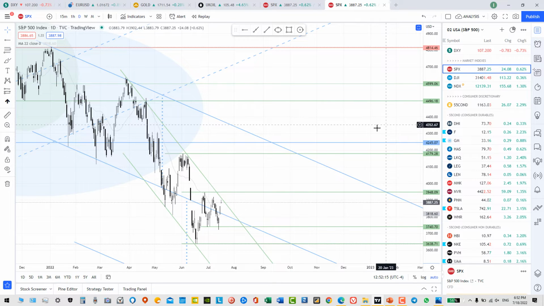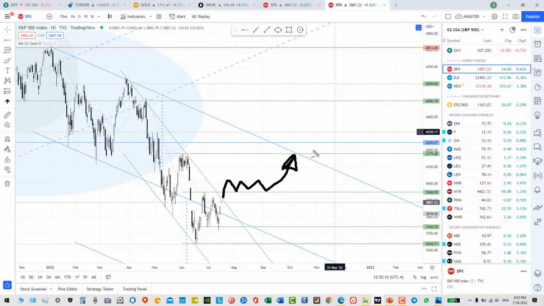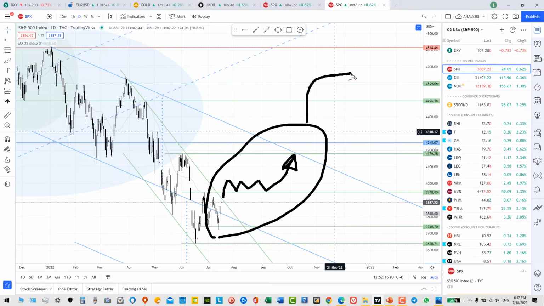First of all, we just need a valid correction to take place. And after this valid correction takes place, we will later on decide if we do have a trading range or if it will be an uptrend.